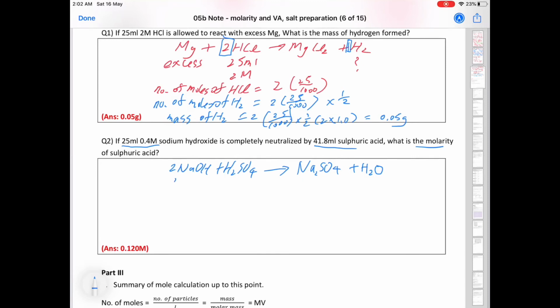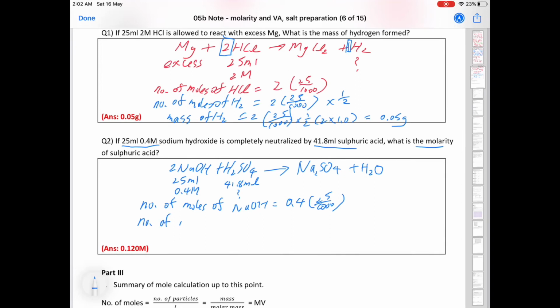Now you have 25 ml of 0.4 M NaOH, and 41.8 ml of H2SO4, and what you have to find out is the molarity. You already know which species you should start with, and obviously it's sodium hydroxide in this case. So number of moles of NaOH is MV: M is 0.4, volume in dm cube is 25 divided by 1000.